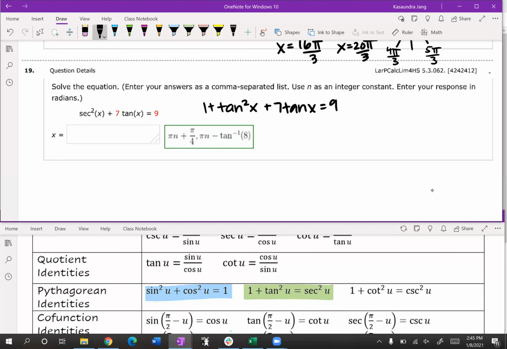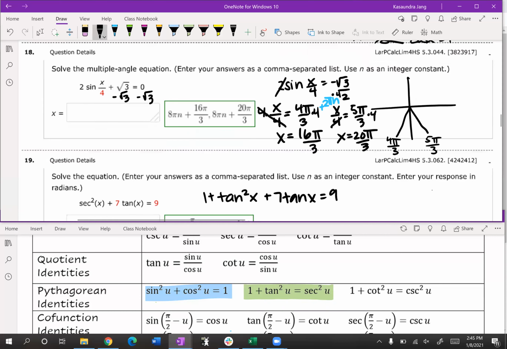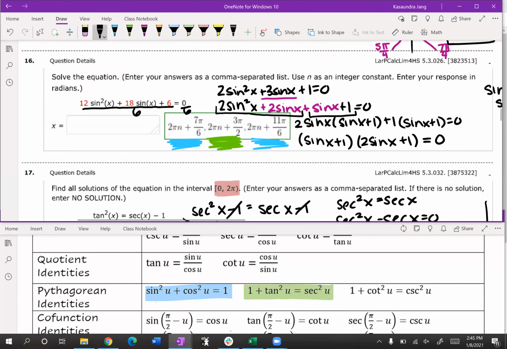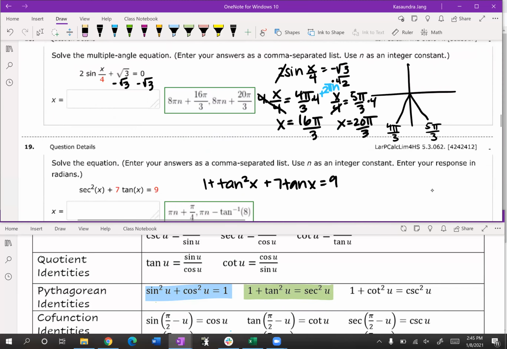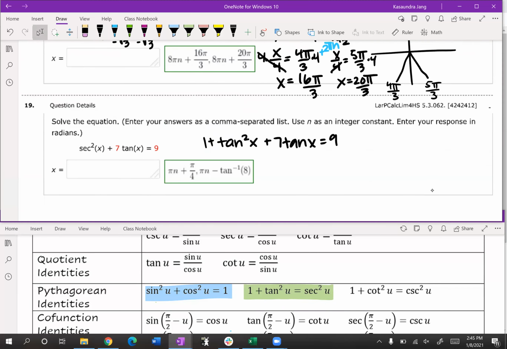Okay. So I think this is going to get us back to like number 16, where you're going to have to factor. So tangent squared of x plus my 7 tangent of x, and I'm going to subtract the 9 over, so 1 minus 9 is a negative 8.